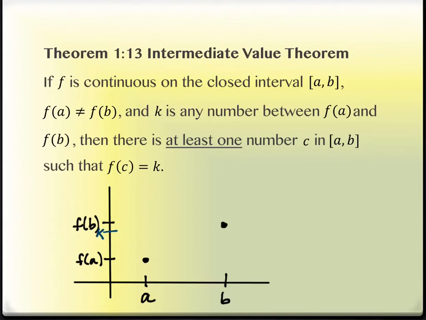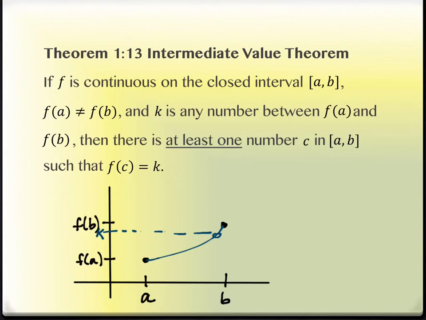What this is saying is that there's no way to get from this point at a to this point at b without crossing through k. I can't just skip over it. I can't connect these two and skip over the location where we're actually equal to k. And I can't because it's continuous.